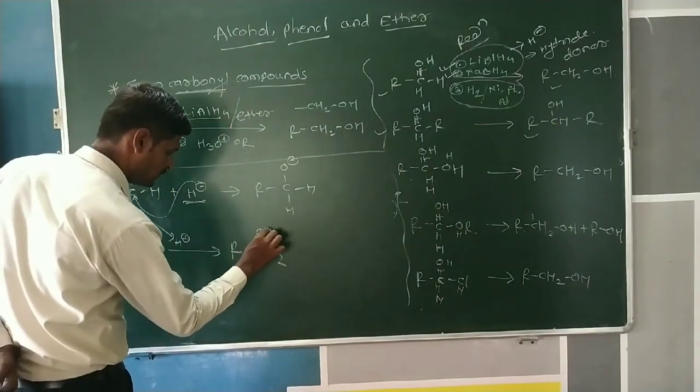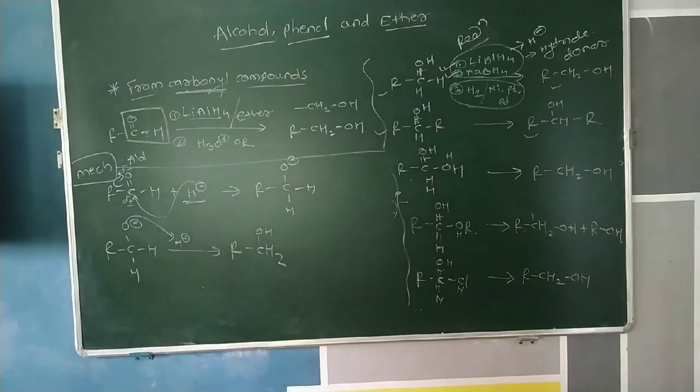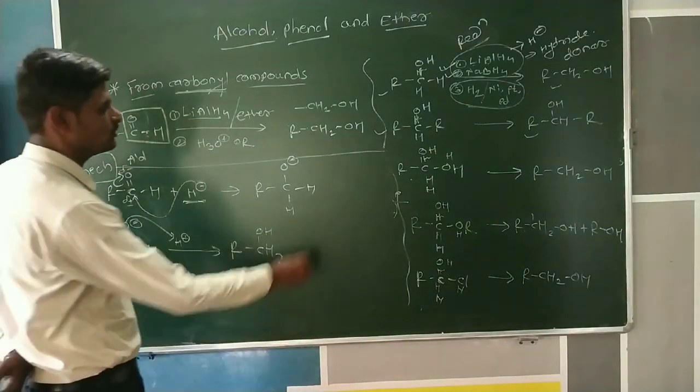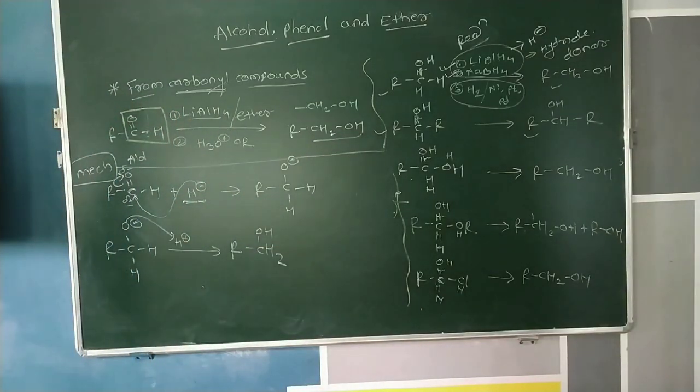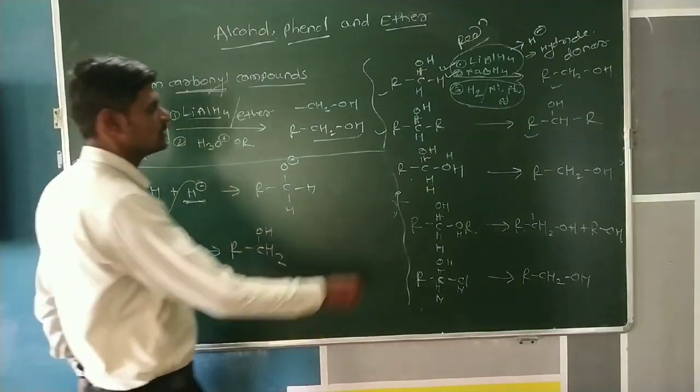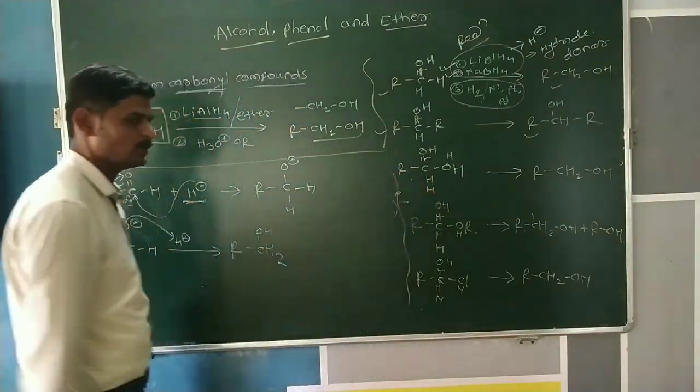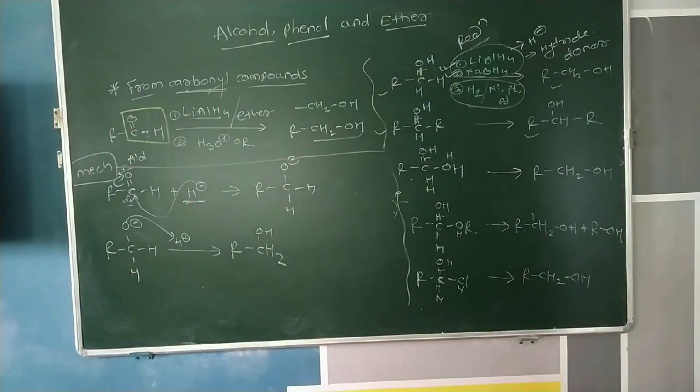This is the mechanism of a carbonyl compound being converted into alcohol. Okay, guys, this mechanism is commonly shown in all types of functional groups. Then this is an aldehyde. The mechanism should also be written in your notebook.